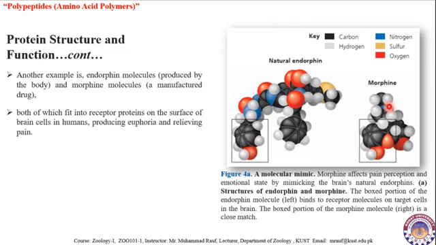On the other hand, morphine, which is an exogenous molecule, mimics, looks like endorphin, and therefore it brings about the same effect which is attributed to endorphin. So this is yet another astonishing example of the fact that the three-dimensional structure of a protein is vitally important for the function it performs.